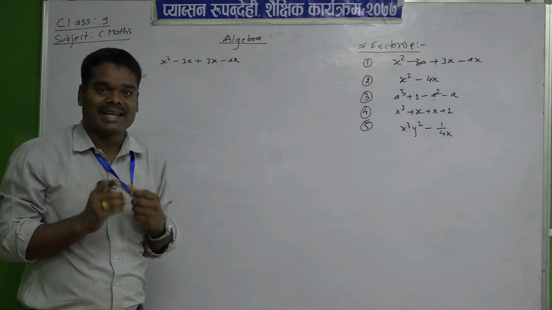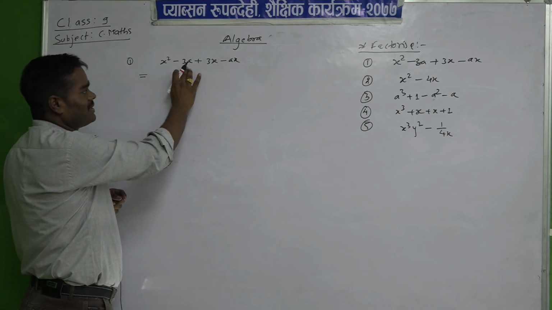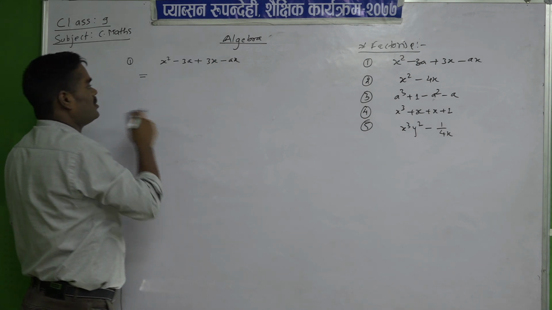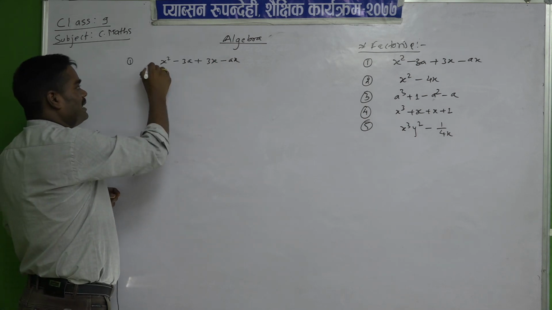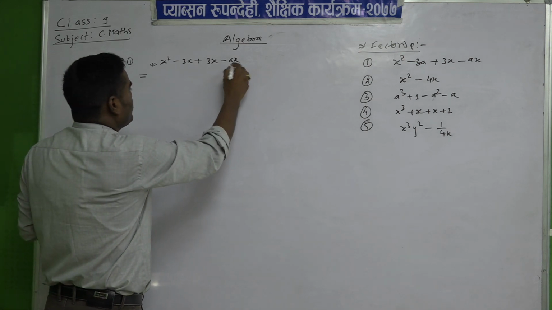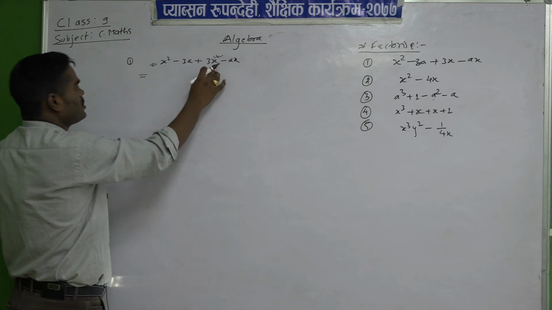So we have to arrange like that. See here, x square minus 3a plus 3x minus ax. In this term the variable x is there, and here also there is x, so you can put these together.